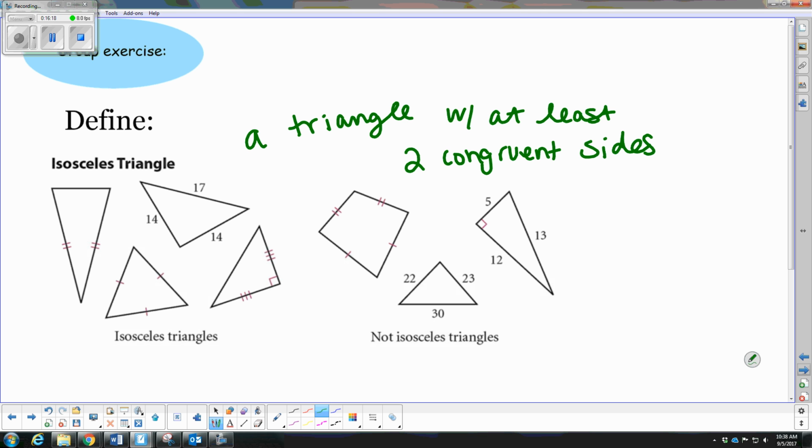So here we see 2 congruent sides. Here we see all 3 sides are congruent, but that means at least 2 are congruent. Here we have 2 congruent sides, and here we have 2 congruent sides.